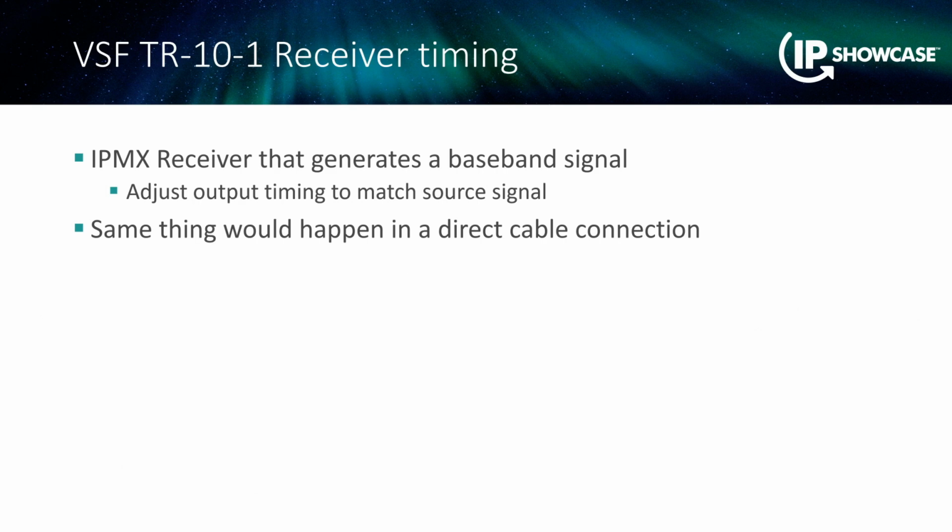There's not going to be any frame repeating or skipping. It's just going to consume the data at the speed that the computer is outputting it. We want to be able to do the same thing with IPMX. So we provide all the information to the receiver that enables it to consume the packets coming in exactly at the same rate that they're going into the transmitter.